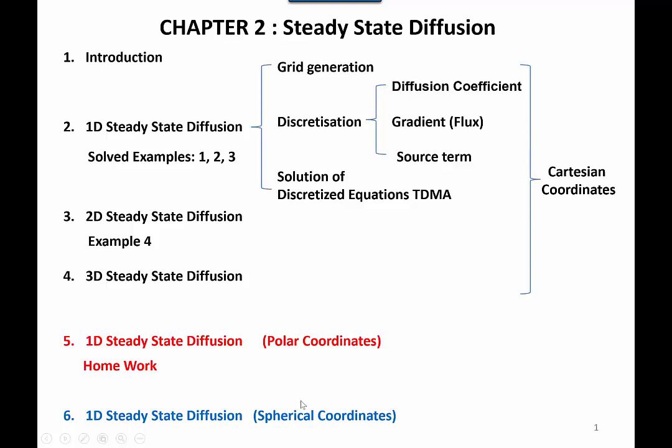Then we will end this second lecture with the spherical coordinate system, which is one-dimensional steady-state diffusion. As we mentioned in the previous chapter, there is a fourth type of coordinate system, which is the body-fitted coordinate, and it is a more advanced topic that we haven't enough time to cover.